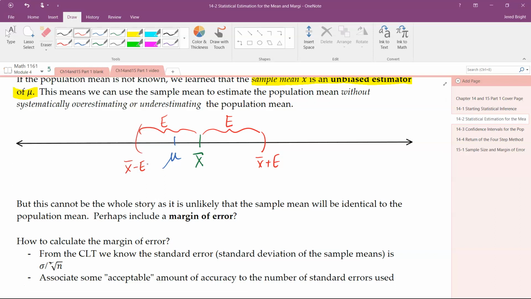A little more on that in a minute, but we want to know how do we quantify this margin of error. This is where our discussion of the CLT is critical.